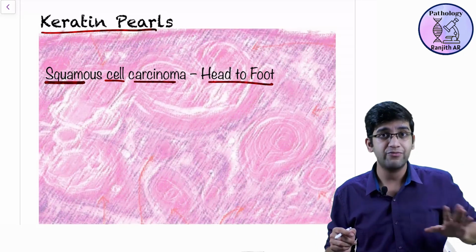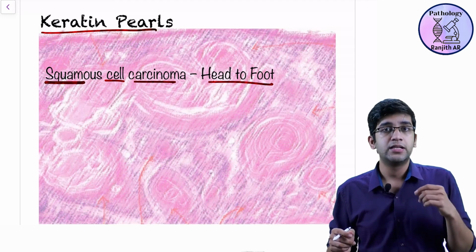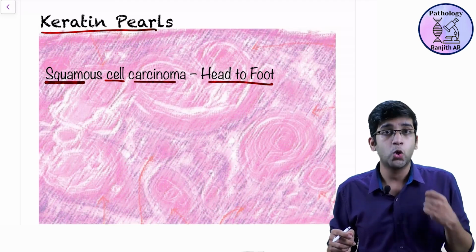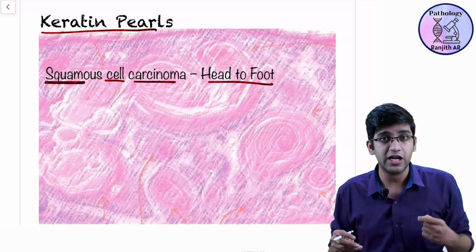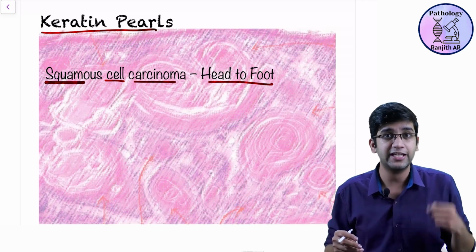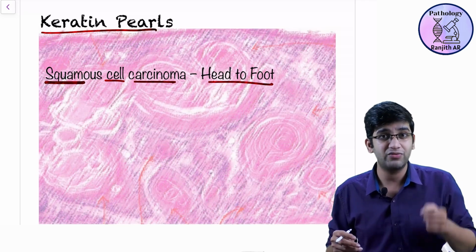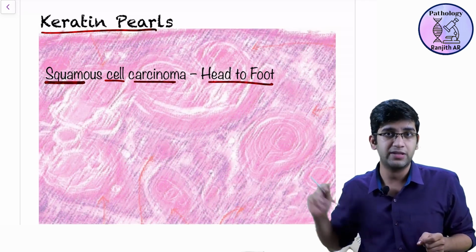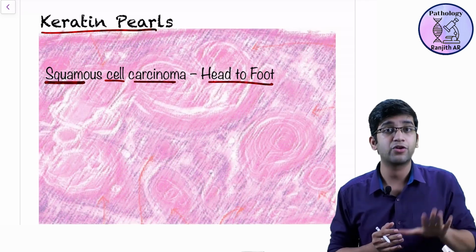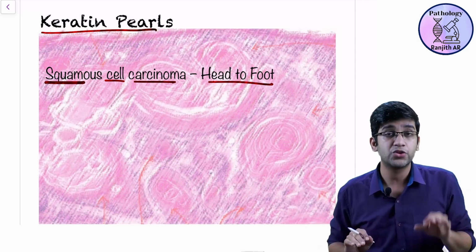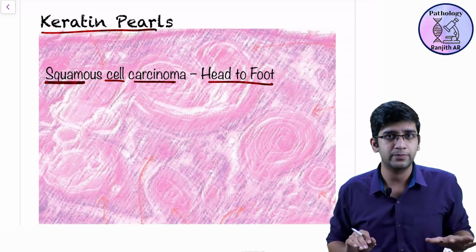Write it the same way I told you: squamous cell carcinoma of skin, oral cavity, nasal cavity, oropharynx, nasopharynx, larynx, lung, esophagus, trachea, anal canal, cervix, vagina, vulva, penis, everywhere. Same cancer, same appearance. It will have keratin pearls. For an undergraduate, this is how it will be given, so remember only that.